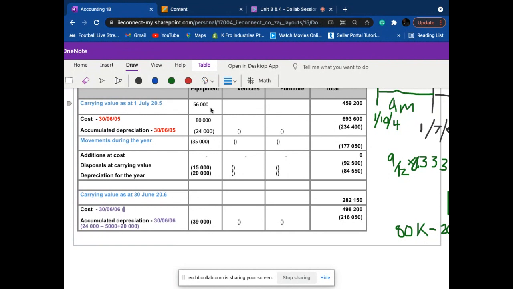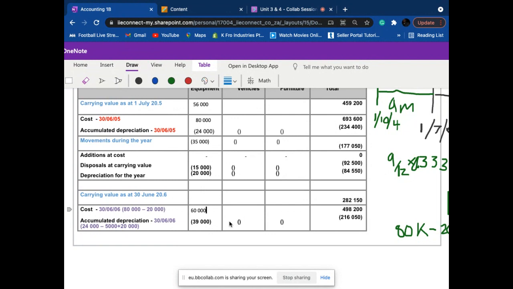So guys, just be careful that you use the right amount. 80,000 is the total value, but again, can we just take that 80,000 and plug it in there? We can't. Because again, we sold equipment worth 20,000. So over here, we have equipment based on cost, at least, to the value of 60,000. That's how much we spent on our equipment so far.